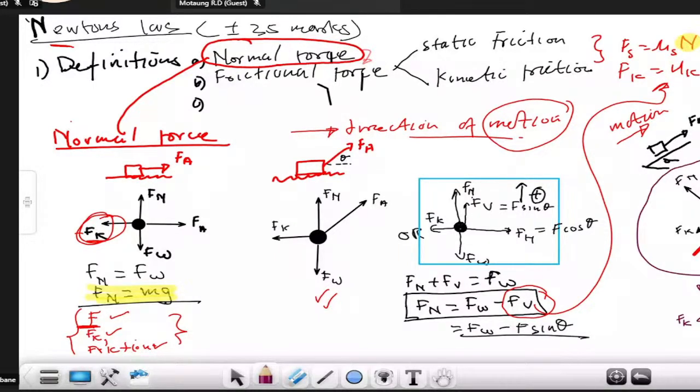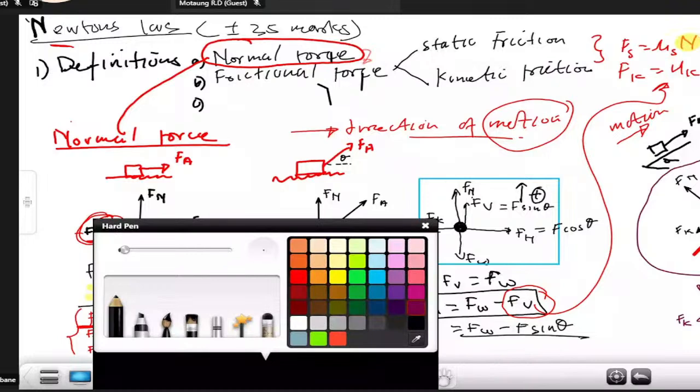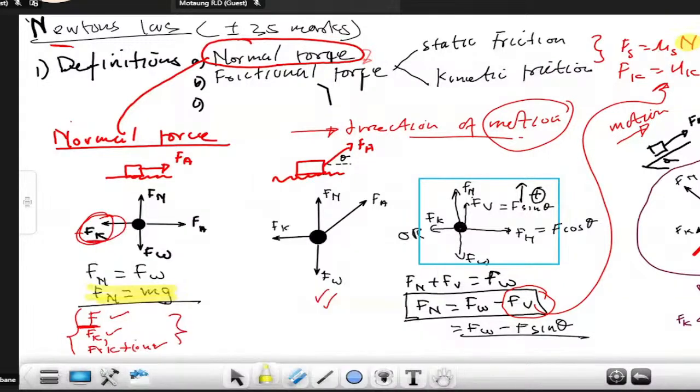Now I want information relating to the normal force. What must one do? The only forces that will take part in that particular calculation are these ones: the relationship between FG parallel, FG perpendicular, or a component of a force relating to that.